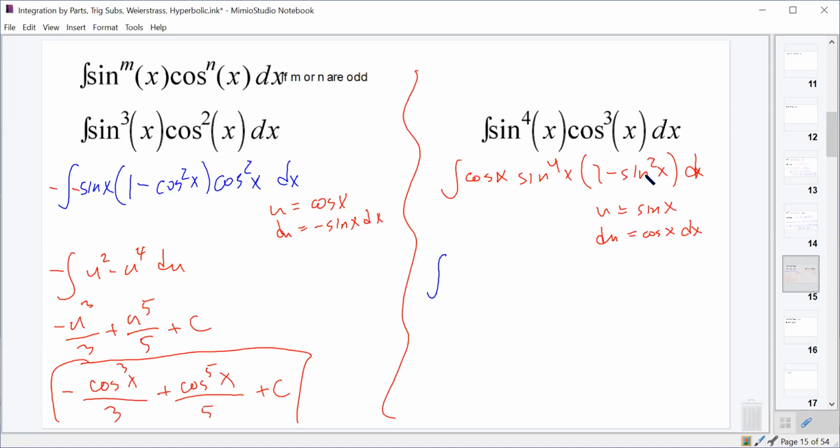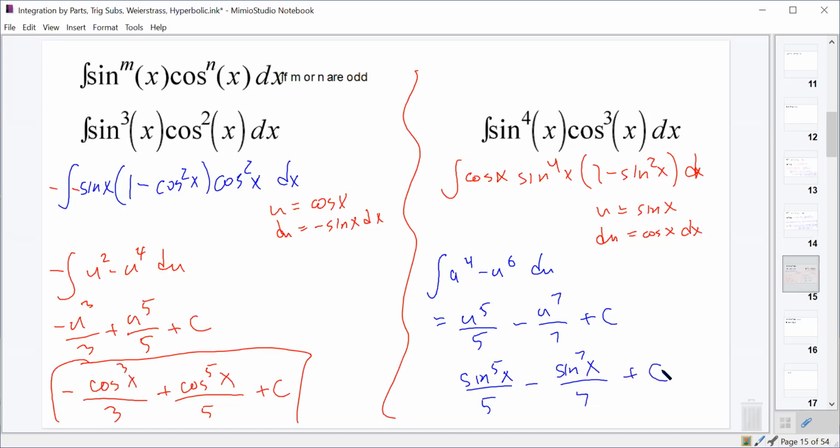So sine to the fourth minus sine to the sixth ought to be u to the fourth minus u to the sixth du. So u to the fifth over 5 minus u to the seventh over 7 plus our constant, or sine to the fifth over 5 minus sine to the seventh over 7 plus our constant.